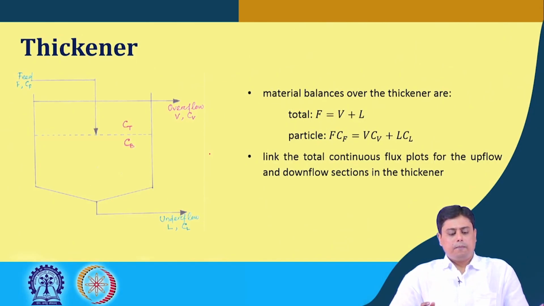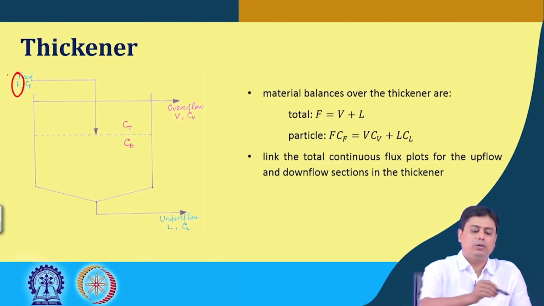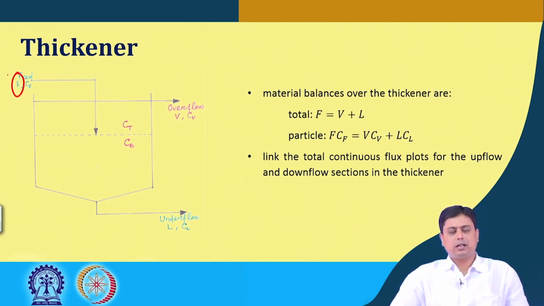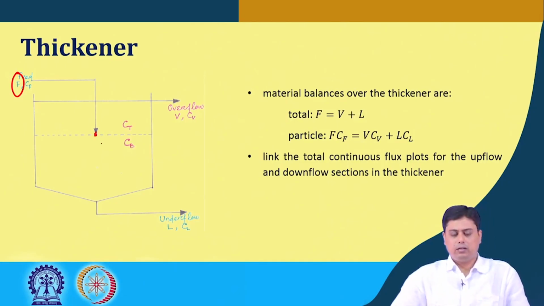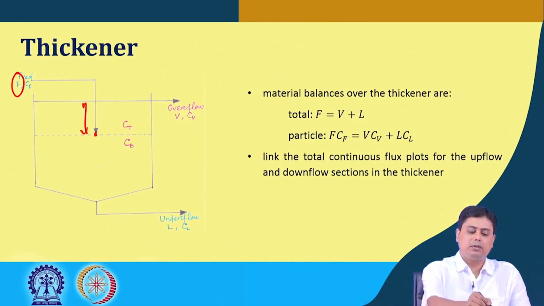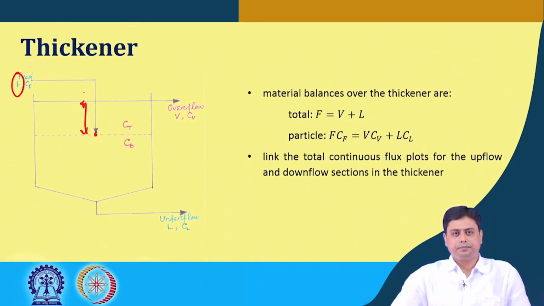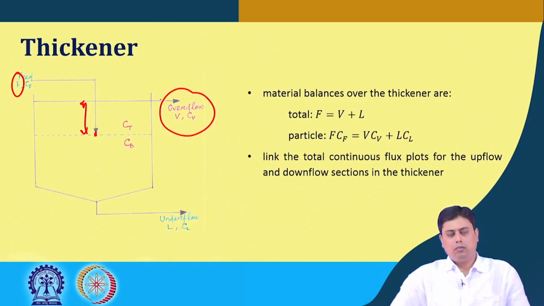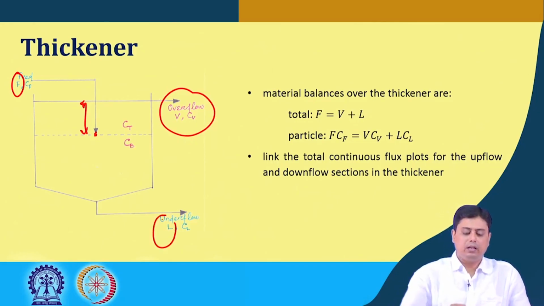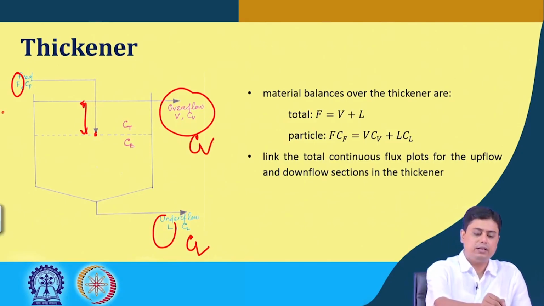If we consider that the volumetric feed rate is F, and the corresponding feed concentration is Cf, introduced at a certain depth from the top of the vessel, then say we have the overflow volumetric flow rate of V and the underflow L. The corresponding concentrations are Cv and Cl, like here we have Cf.